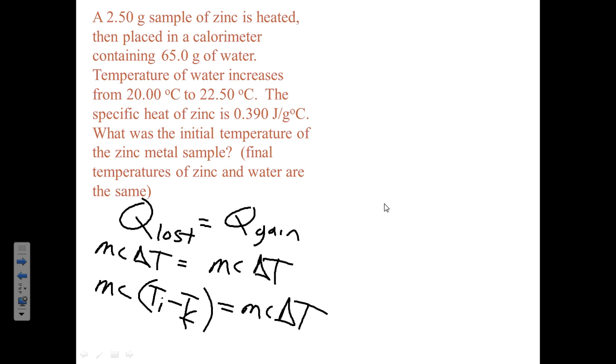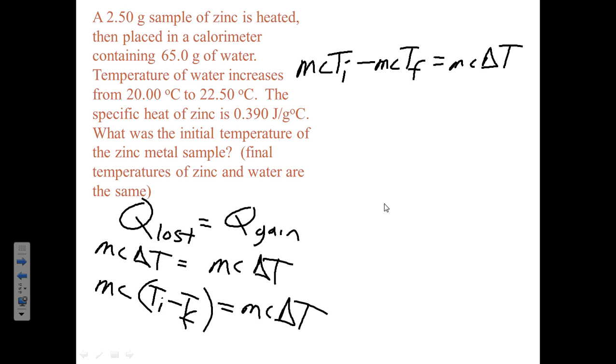So now let's go ahead and distribute here. So I'm going to have MC times Ti minus MC times Tf equal to MC delta T for water. Everybody good there? And now let's just plug it in and solve.